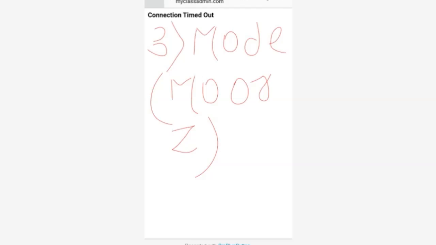That is, you can study one more point, the mode. Mode can be obtained by using four methods.